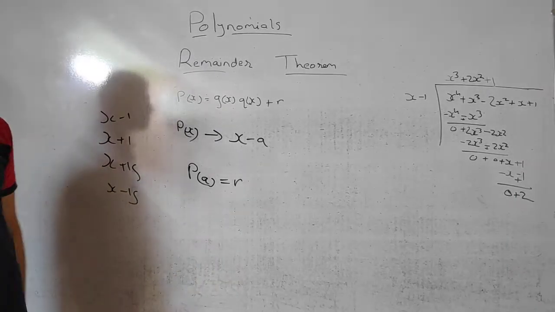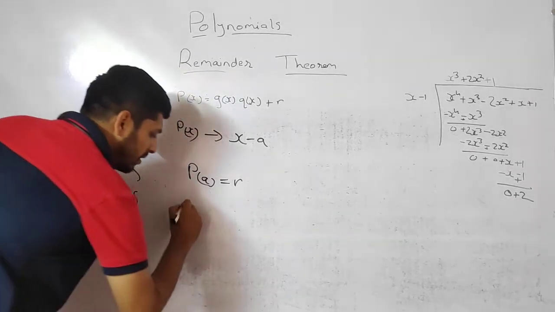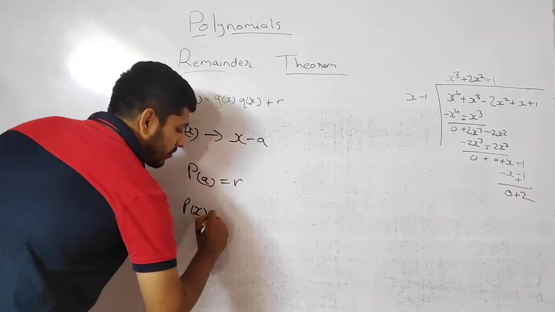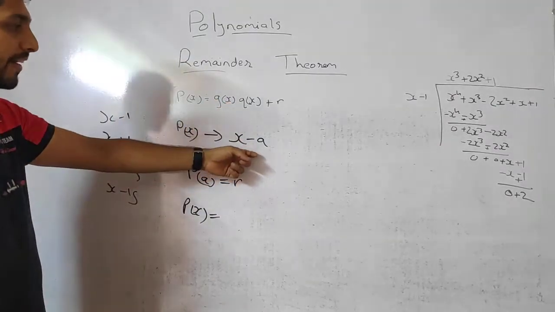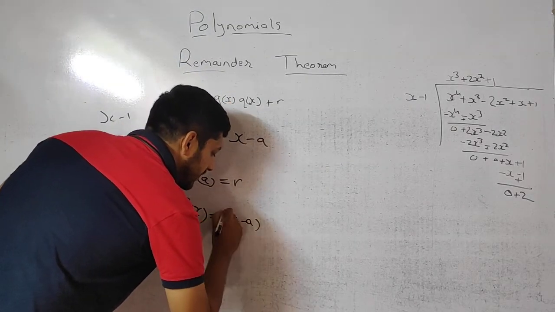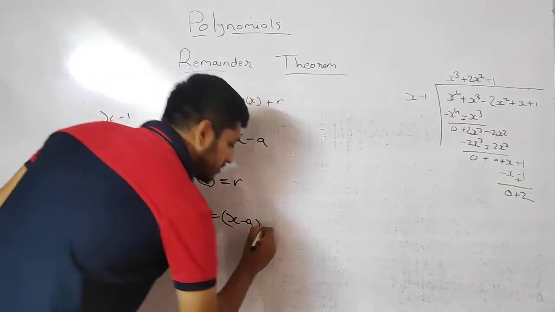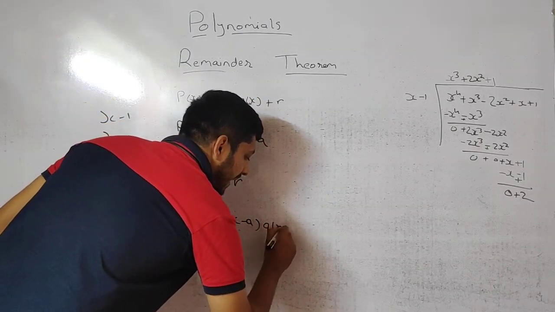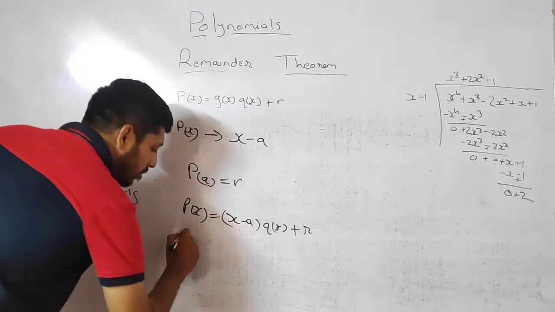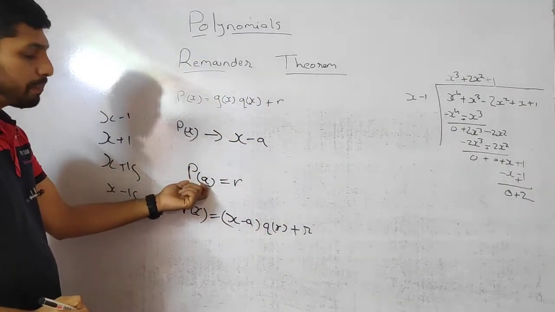So if you want to prove this, let us try to prove it. Suppose I write p of x, the same formula, is equals to, what is g of x? G of x becomes x minus a. So x minus a, that is the divisor, into q of x plus r, that is the remainder. So now what I want to find? P of a.